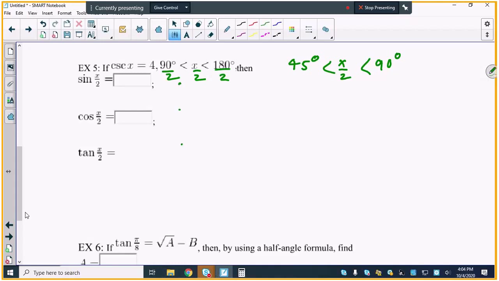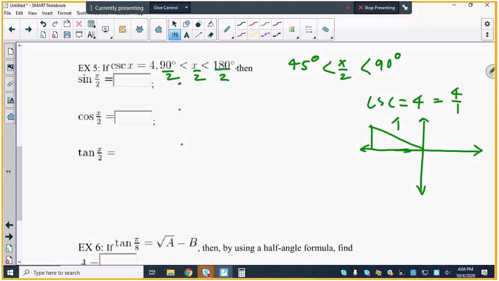And then I have cosecant x is equal to 4. So remember, your angle this time is in the second quadrant because you are between 90 degrees and 180 degrees. Cosecant x is hypotenuse over opposite. 4 is 4 over 1. So the hypotenuse is 4 and y is 1.